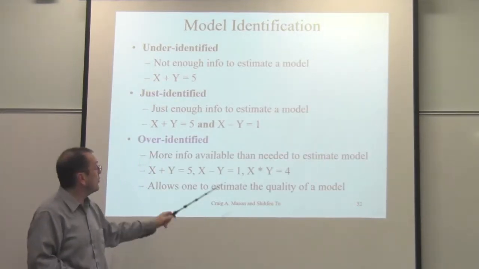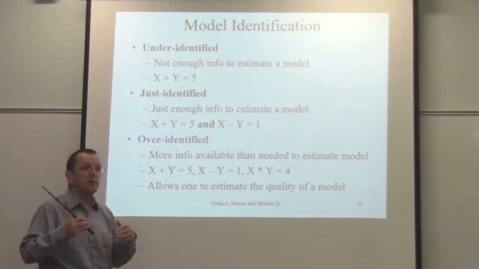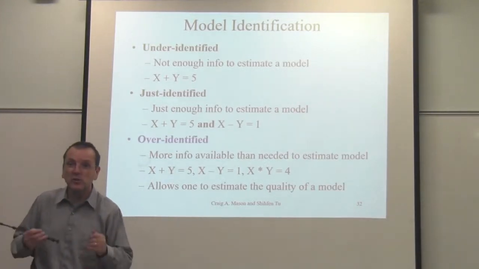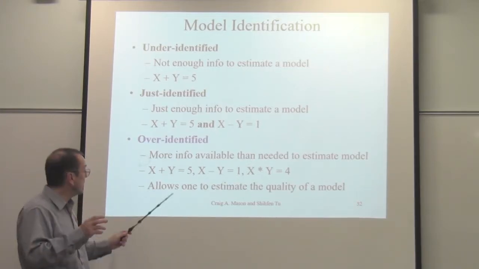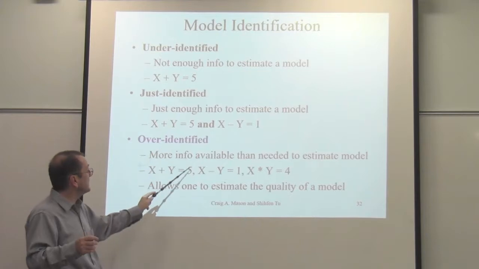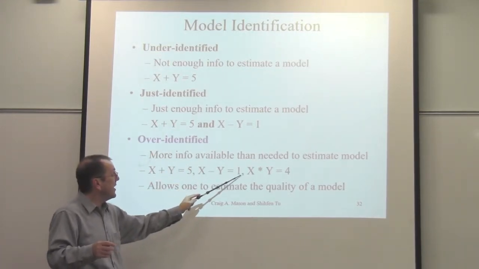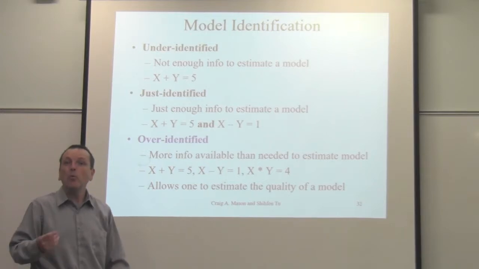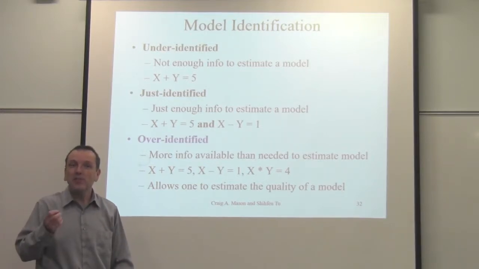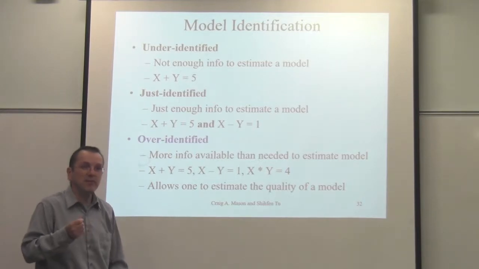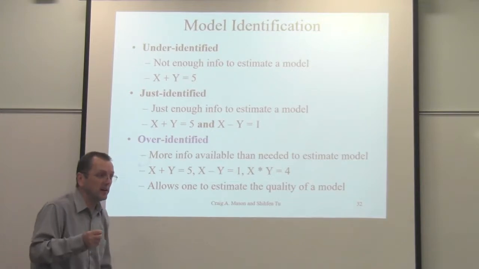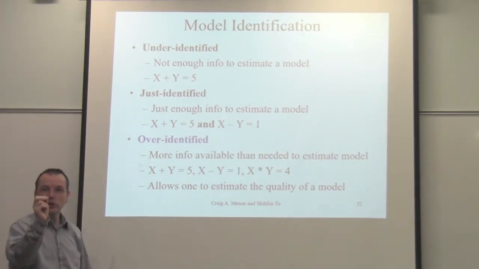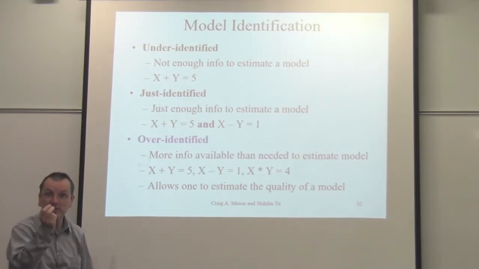And you can have what's called an over-identified model. This is where there's more information than is needed to solve the model. Now, that may seem a little crazy. Say x plus y is 5, x minus y is 1, and x times y is 4. What's x? There's no definitive solution. With an over-identified model, you end up solving for as good an estimate of x as possible given those constraints.